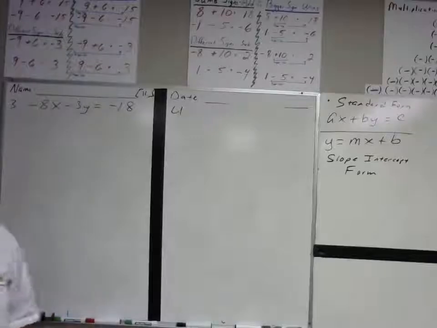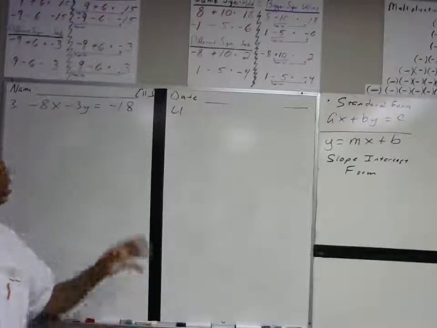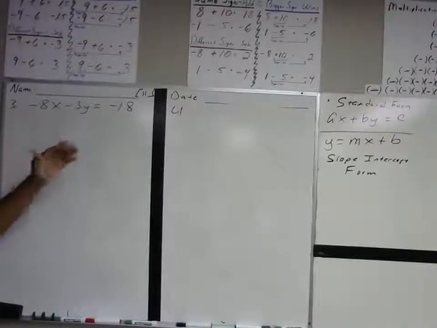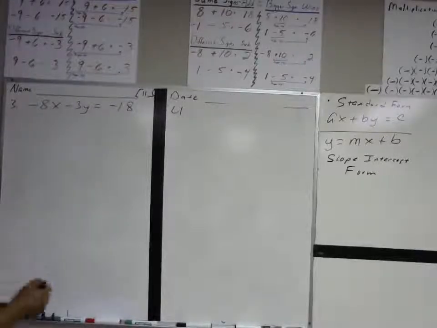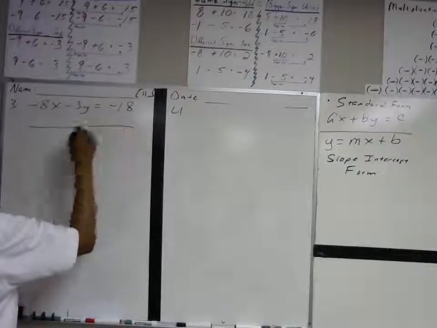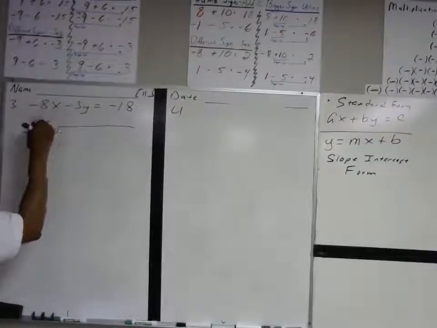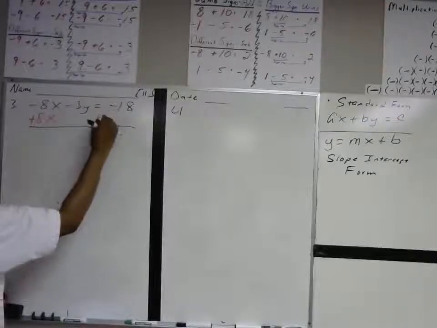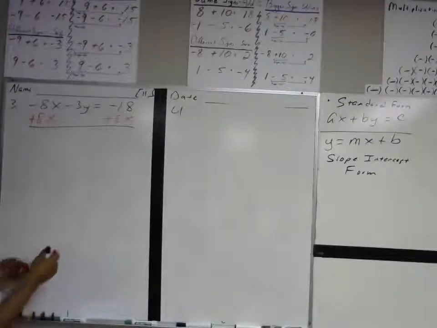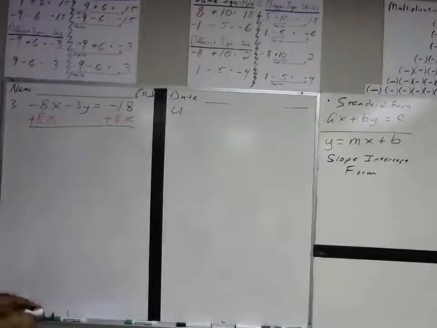First job is to get rid of the negative 8x. We're going to get rid of this by adding an 8x. And what we do to one side, we're going to do to the other side. So we're adding 8x to both sides.